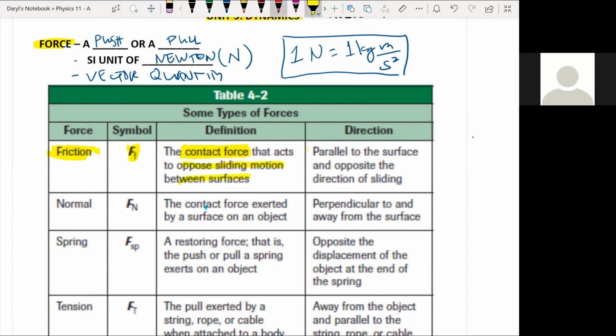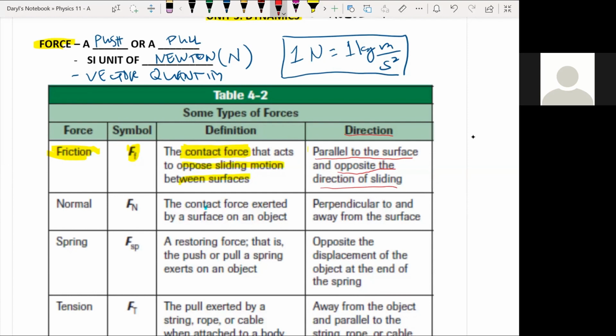And its direction is always parallel to the surface, but opposite the direction of the sliding motion.